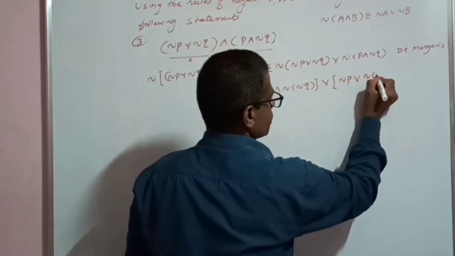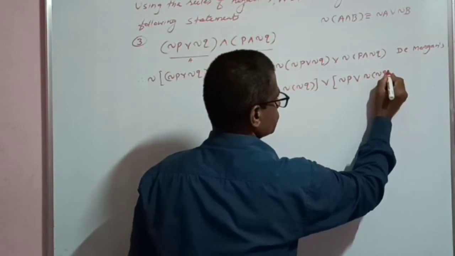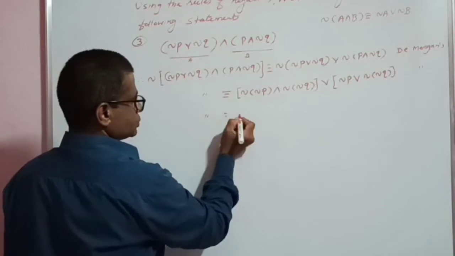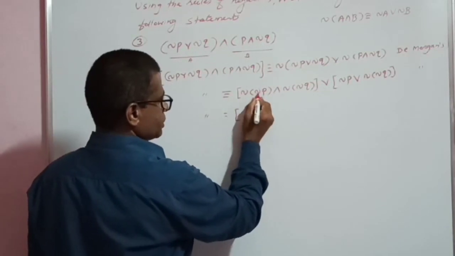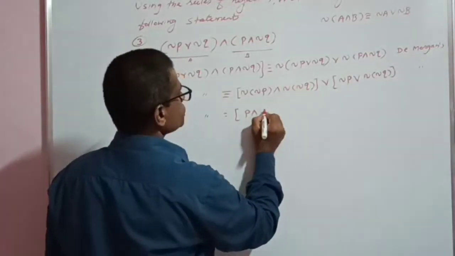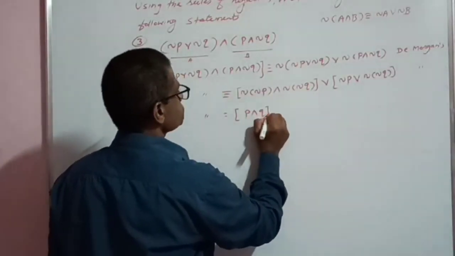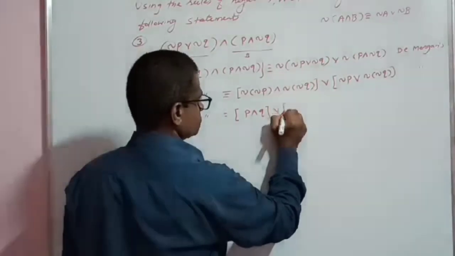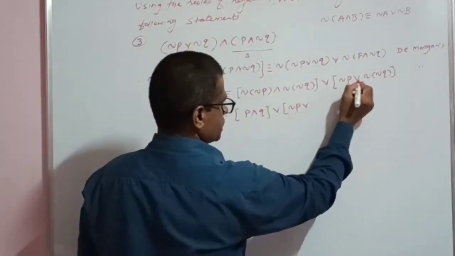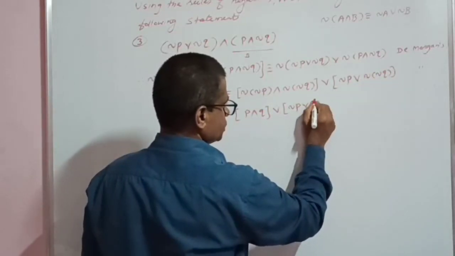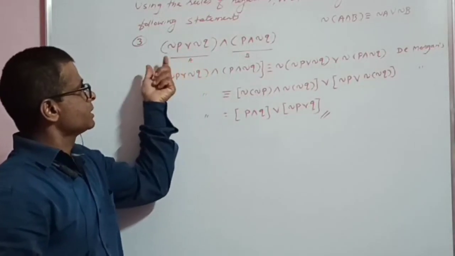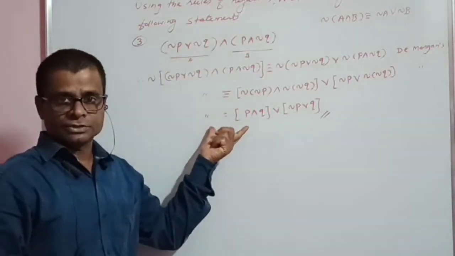So again by De Morgan's law, negation of P is P, conjunction, negation of Q is Q, disjunction, negation of P is P, disjunction, negation of Q is Q. So this is the negation of the given compound statement.